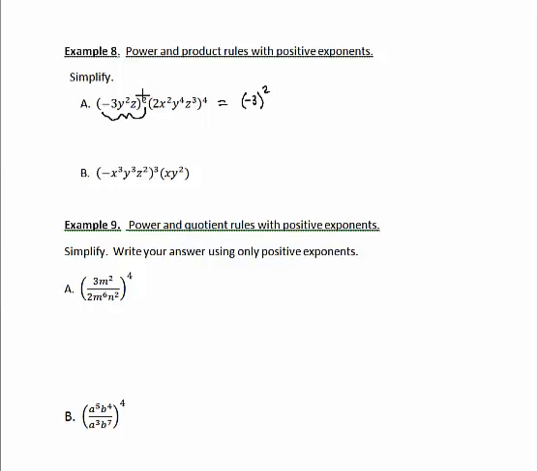This 2 came from the 2 outside the parentheses. A y squared squared. This 2 came from the exponent of the y inside, and then we have an additional 2 on the outside, so 2, 2. And then z on the inside doesn't have an exponent, and so this is just a z to the 2nd power.